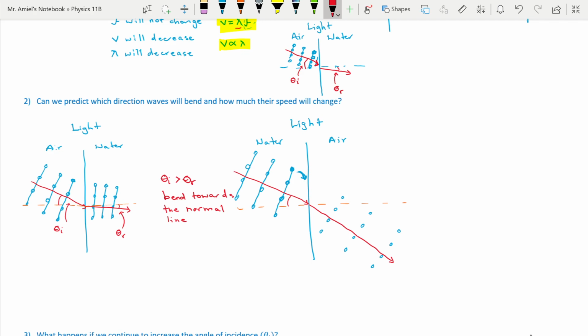Okay, so in this case, our angle of incidence is less than our angle of refraction. And another way to say this is that our light is going to bend away from the normal line.